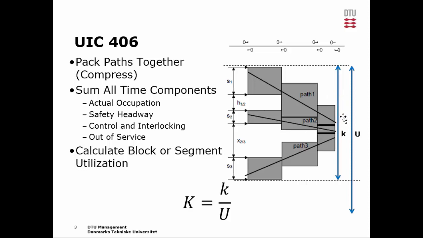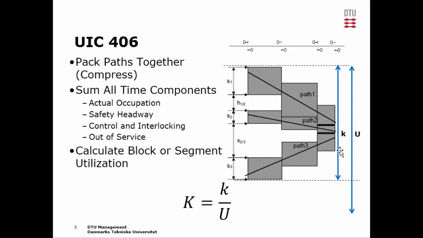And what we have here on the right are two measures. The capital letter U is the original amount of time that these trains were occupying on the railway network. And this letter K, this smaller dimension, is the amount of time that we are now using on this railway network. We have compressed these, pushed them together so that we're using the minimum amount of time.